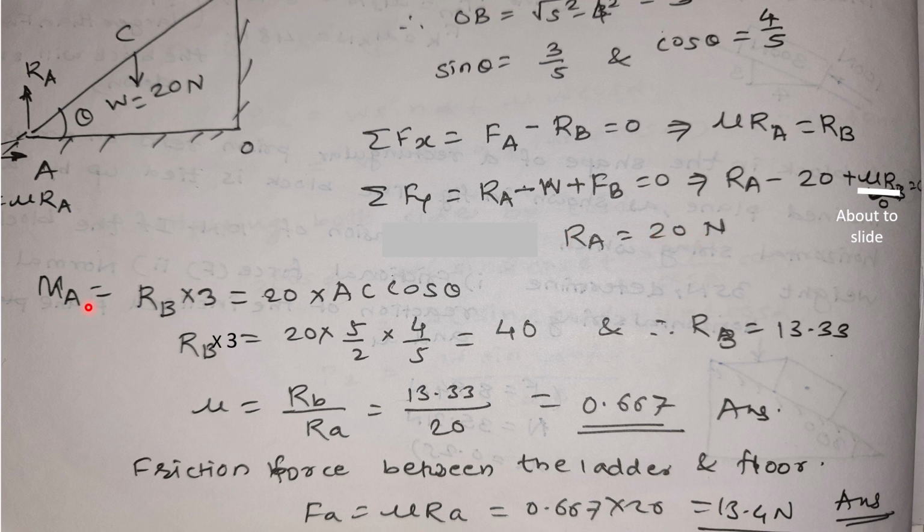Similarly, if we take the bending moment about point A, all of you are aware that when we take the moment, the concurrent forces at that particular point, the reaction, the moment is 0 because the perpendicular distance is 0. So taking the bending moment about point A, we have force Rb into 3.